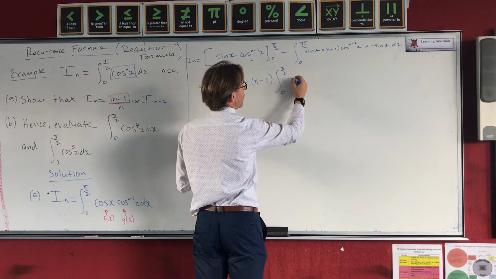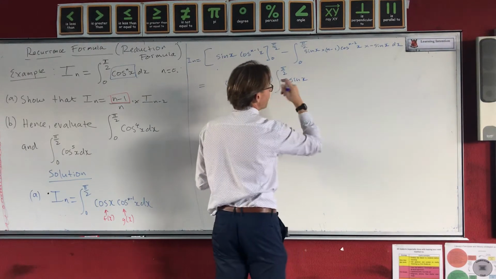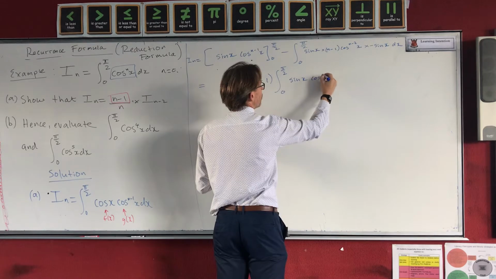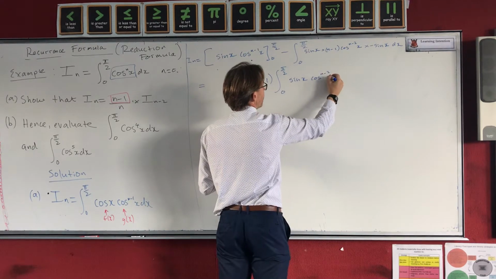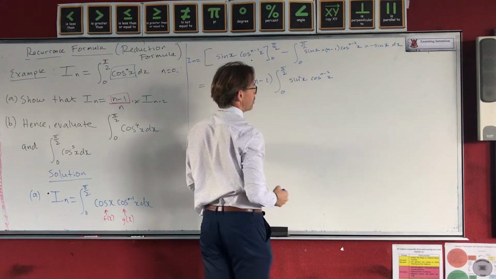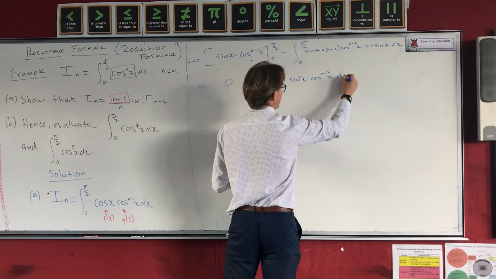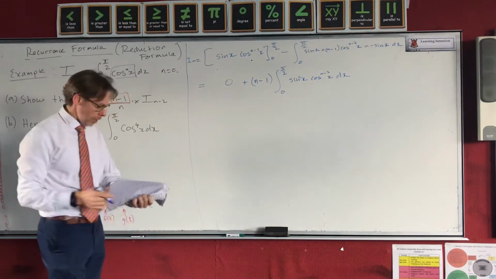Okay, so that is sine x, and then we have cosine n minus 2 x, but don't forget sine x and sine x combined to give us sine squared x dx. Alright, so there's our expression.